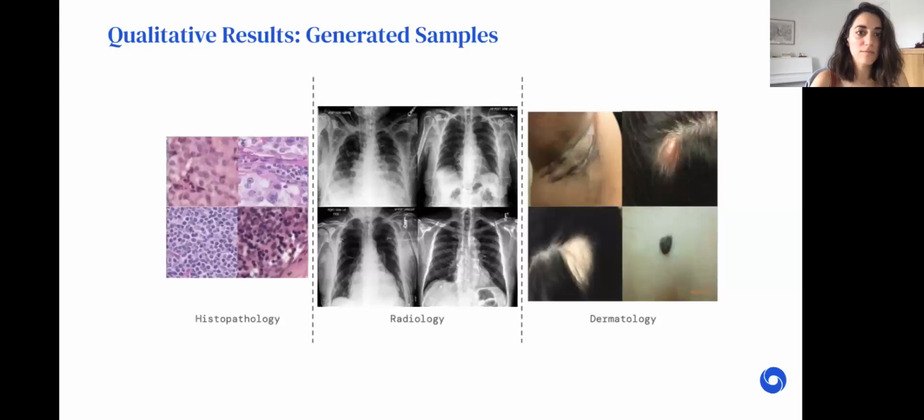The three medical contexts that we consider and that we test this approach on include histopathology, chest radiology, and dermatology. These are in increasing degree of difficulty, and each of these modalities has its own challenges.